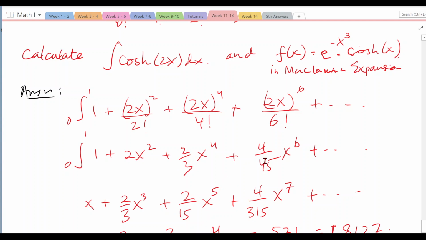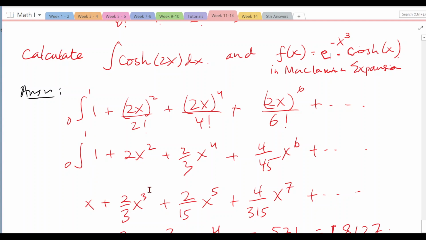So next is 45 times 7, you get 315, x to the power of 7. So that's the integration, and then the equation actually has a limit between 0 and 1, so we can start with 1. So you put 1 into everything, and then if you put 0, then everything becomes 0.